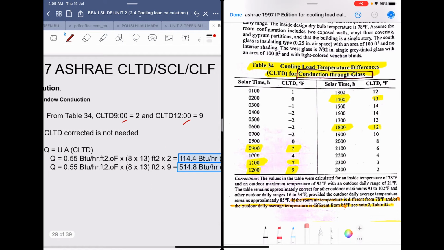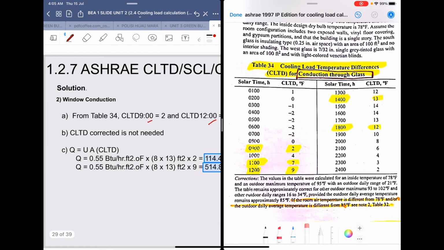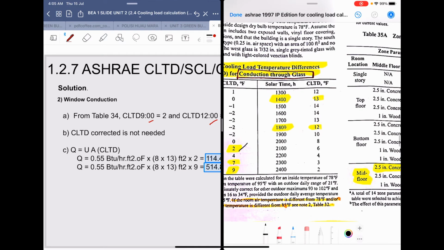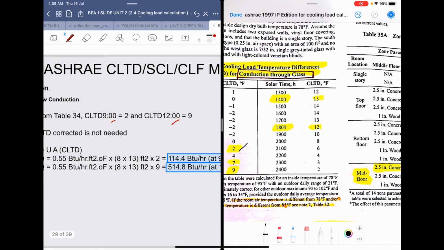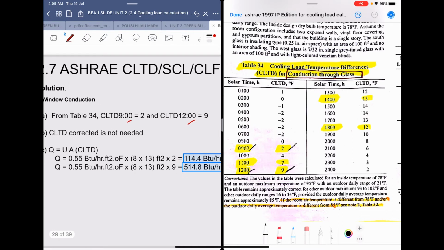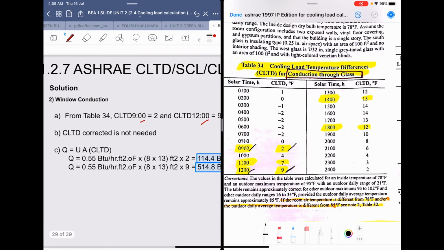If you look at the conduction through glass here, the CLTD at 9 is 2 Fahrenheit, and the CLTD at 12 is 9 Fahrenheit. So just pick these numbers, while the CLTD collector is not needed, as I mentioned before.